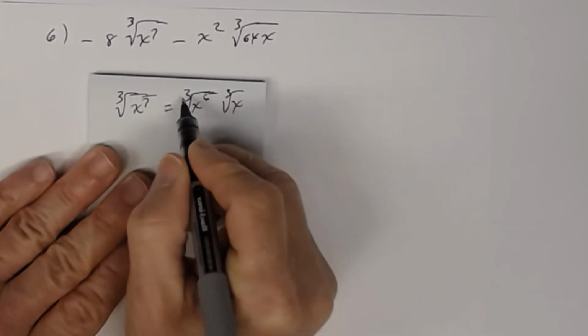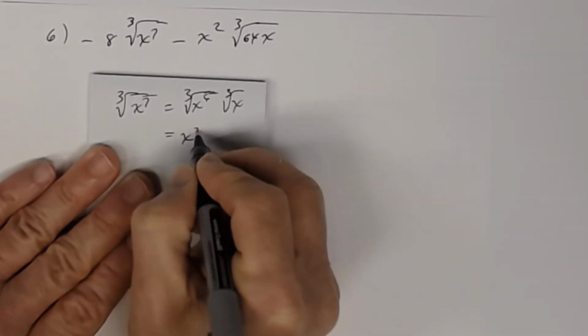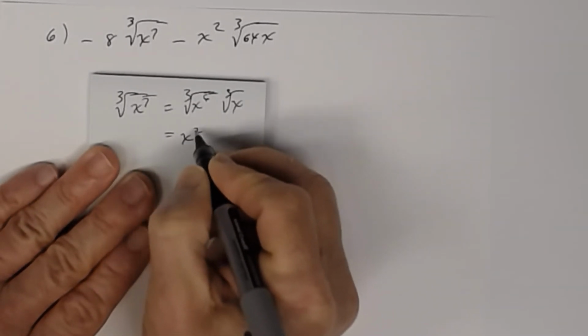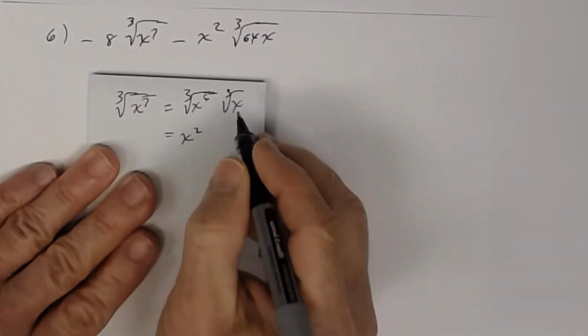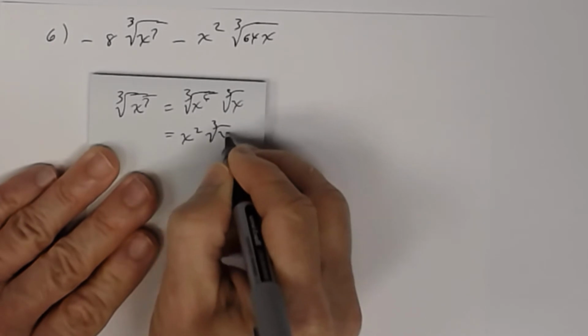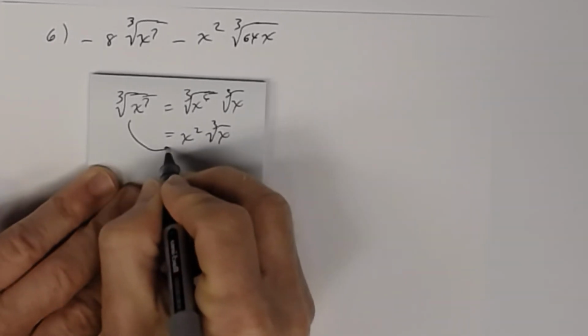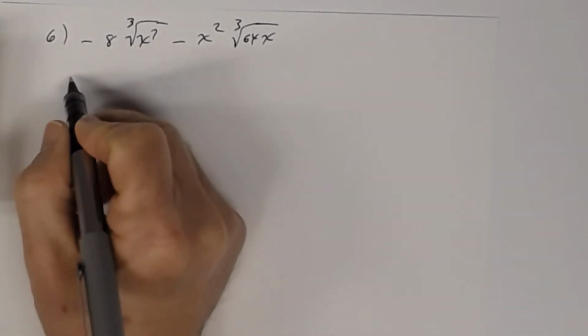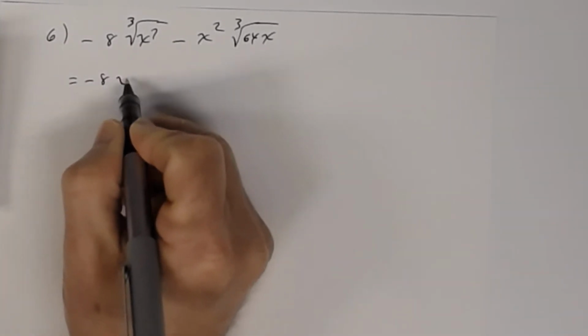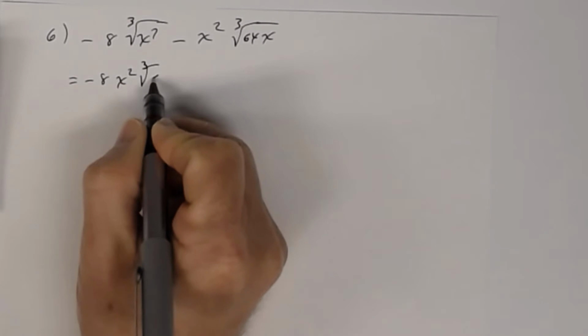And then 6 divided by 3 is 2, so that's x squared. Kind of makes sense because x squared times x squared times x squared is x to the 6. I cannot simplify this any further because 1 is less than 3. So I'm going to replace this with negative 8 x squared cube root of x.